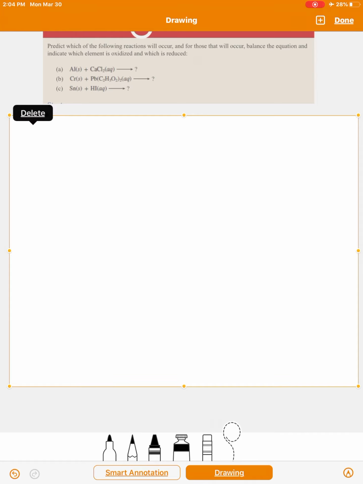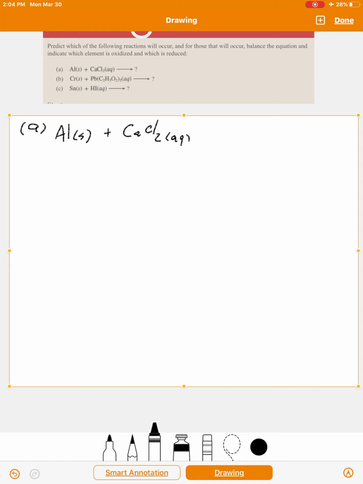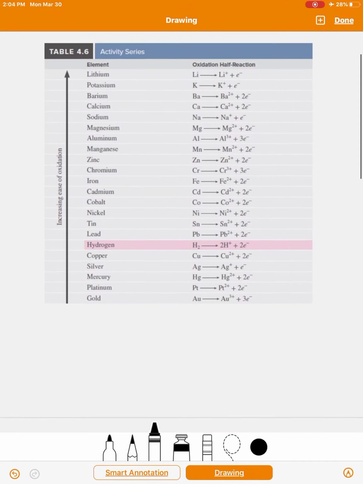We have aluminum reacting with calcium chloride. Okay. Is aluminum higher up? Aluminum is the neutral one, so is it higher up?